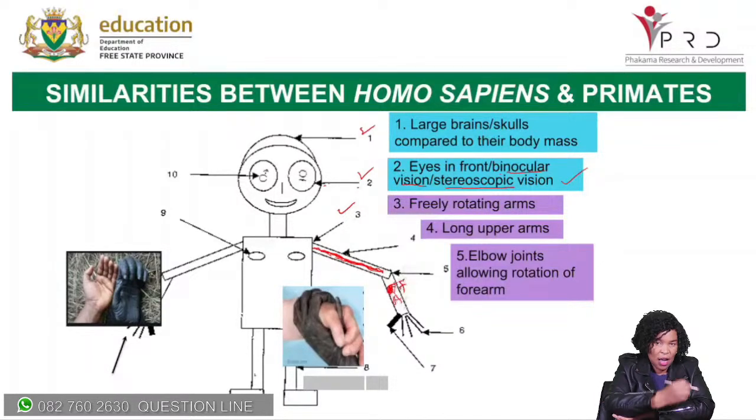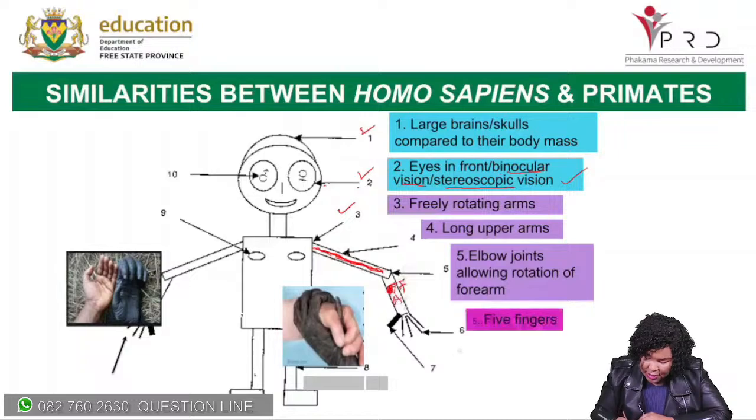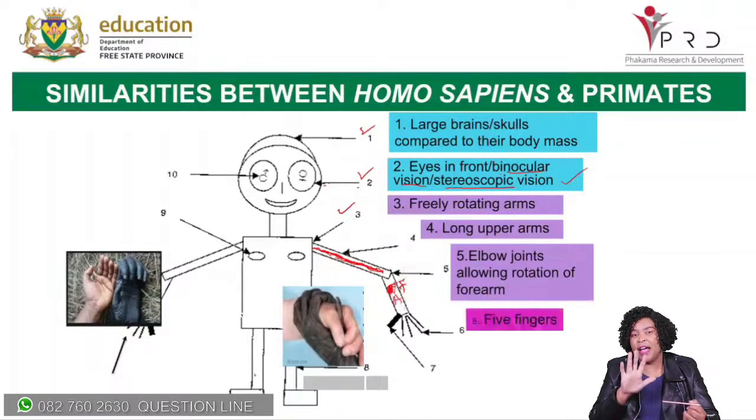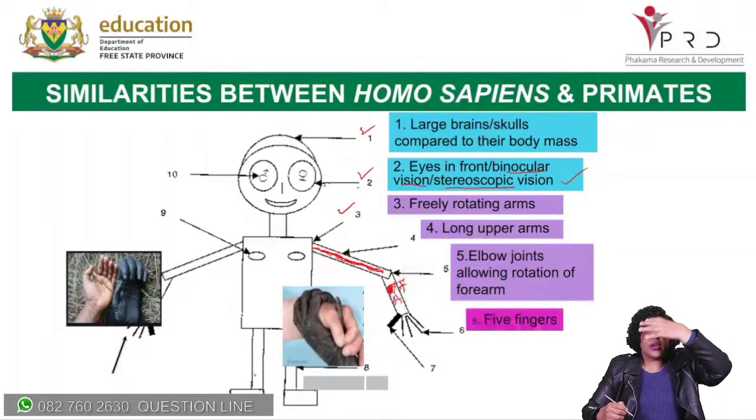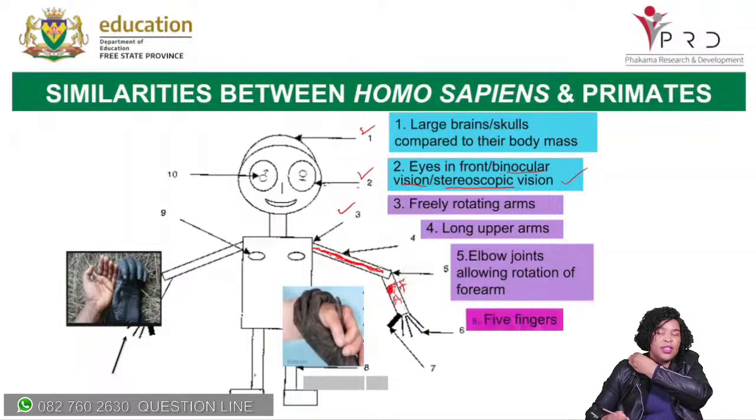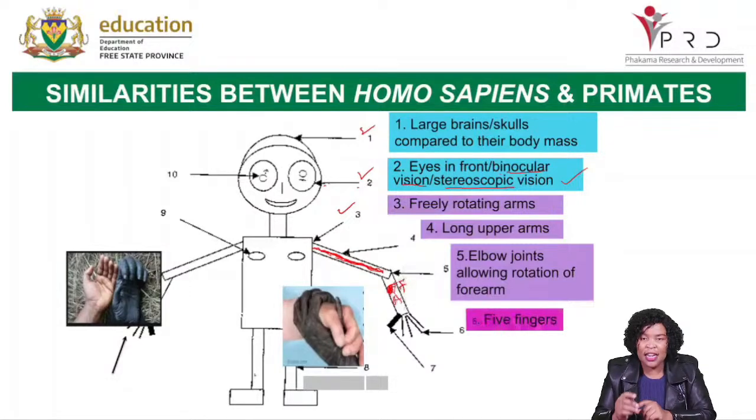The elbow joint allows all of them to have a freely rotating forearm. And then you come to number six. They have 5 fingers. All primates, all humans, 5 fingers. So that is your number 6. So you see, you can use your own body. You started from the head, you came to the eyes, then the freely rotating arm, longer upper arm, elbow joint allowing rotation of the forearm, and then 5 fingers.